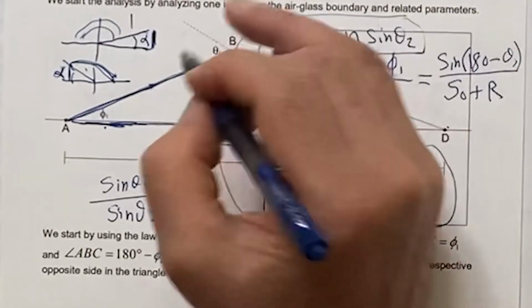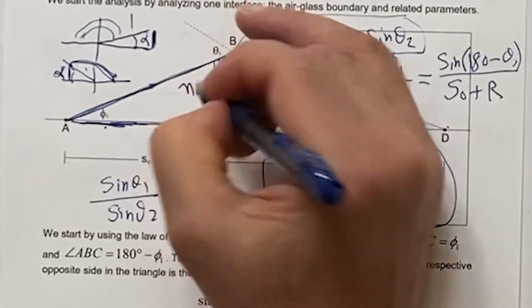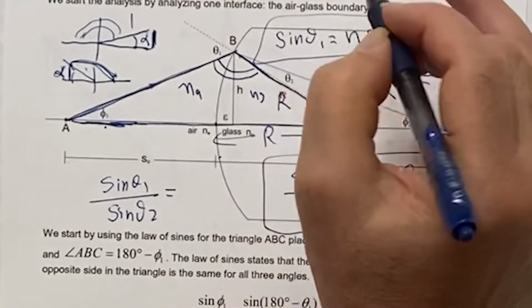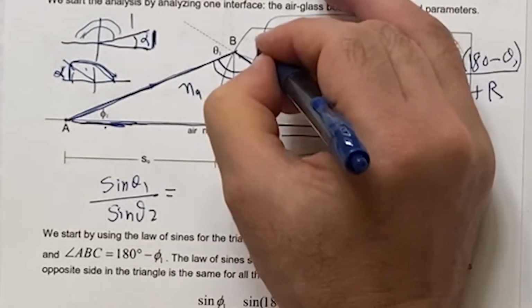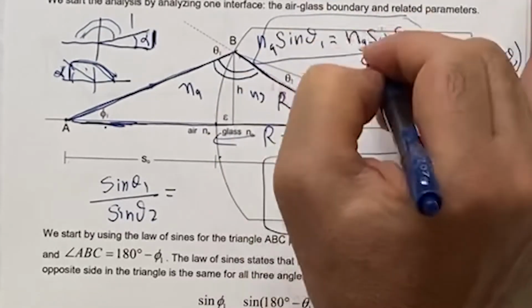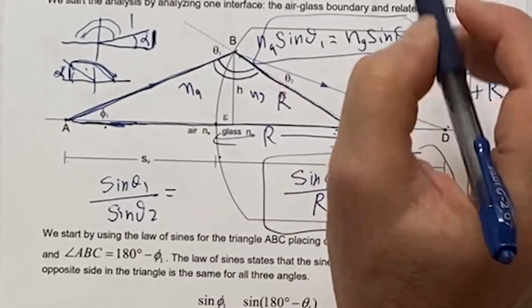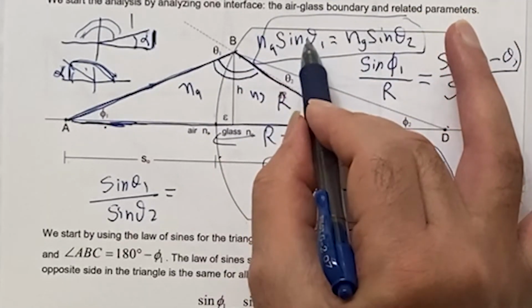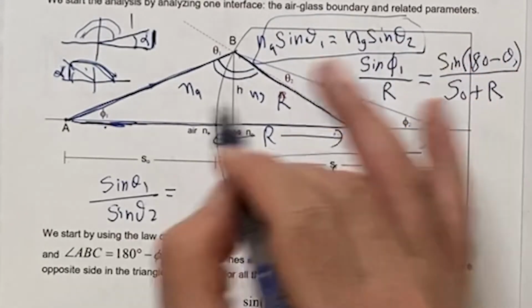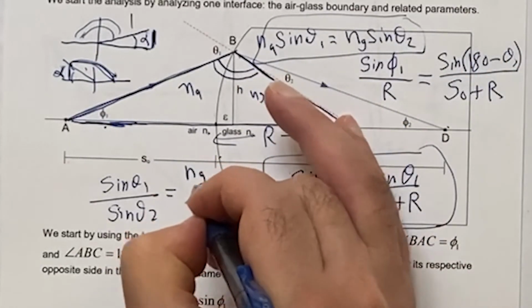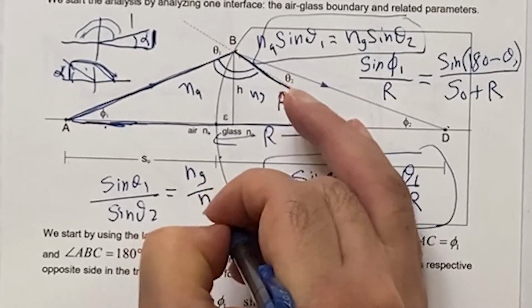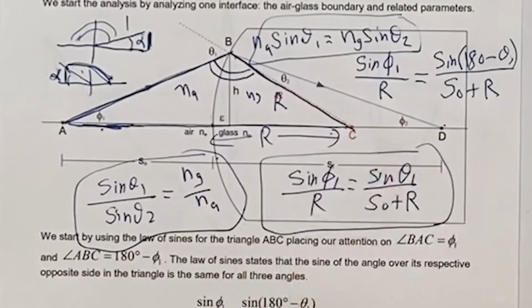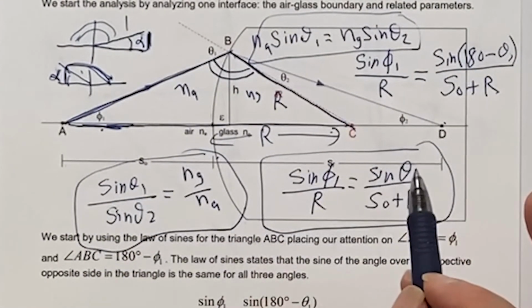Let's just put NA and NG specifically, then this becomes an NG and an NA, just to keep the index of refraction for now. So the sine of theta 1 divided by the sine of theta 2 is going to be NG over NA. All right, so that's another equation. So we got these two equations.